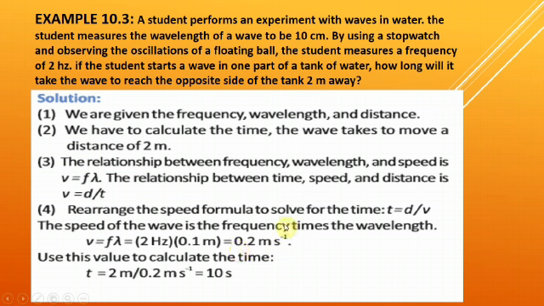And when we change this formula, हम इसको rearrange करेंगे, this time will go there and v in place of t, then we'll have this formula to find t. So distance we already have, that is 2 meter, and speed we have found out, that is 0.2 meter per second. After calculation we'll come to know that the time will be 10 seconds. It means the wave will take 10 seconds to move from one end of the ripple tank or the tray to the other, that is 2 meter away.